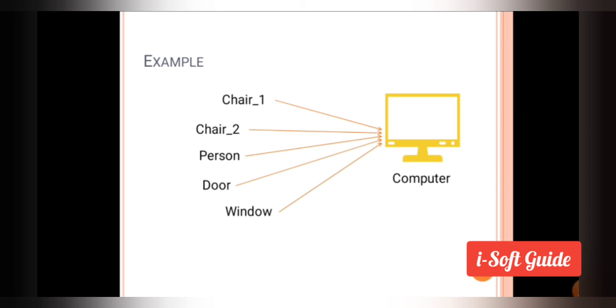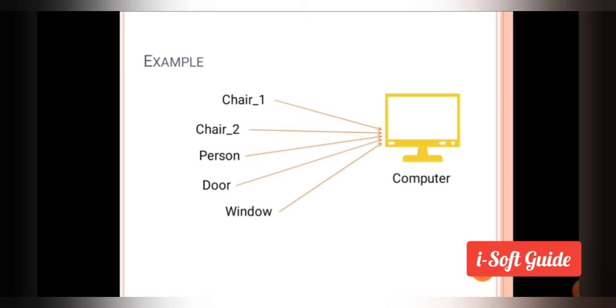So why have we considered this example? There can be different types of objects that are available for software development, that we have to consider. For example, again we will consider the same thing, that we are developing the software for my company. So my company will have 5 branches.